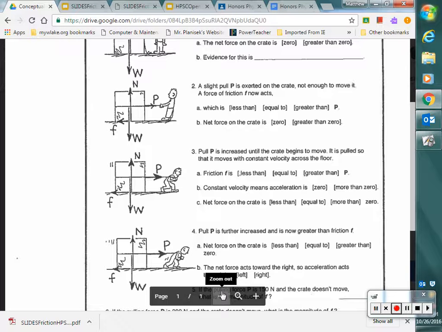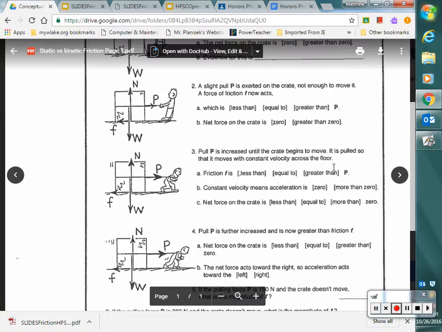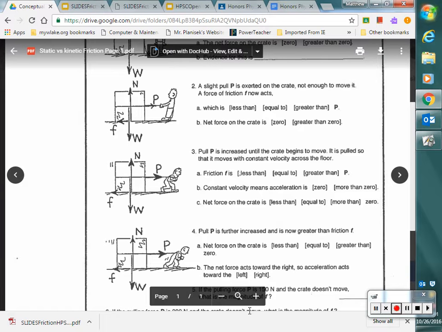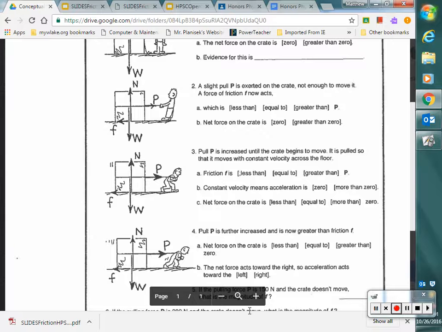However, this isn't at the moment that the crate starts to move. Notice it says here, after it's already moving, it is pulled so that it moves with a constant velocity across the floor. So not at the moment that it starts moving, but as it's pulled across the floor with constant velocity. Friction, less than, equal to, or greater than P?